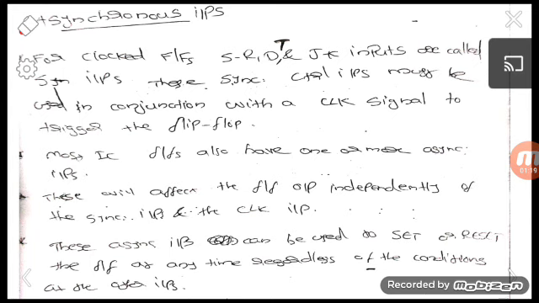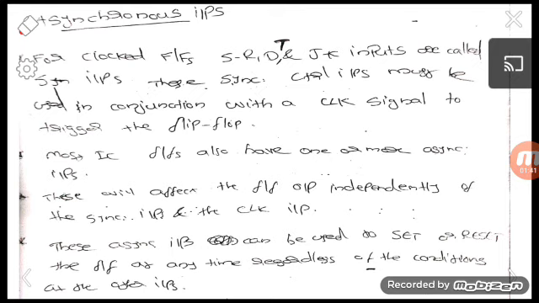But in flip-flop ICs, you can see one or more asynchronous inputs. What are these asynchronous inputs? An asynchronous input will affect the flip-flop output independently of the synchronous inputs.